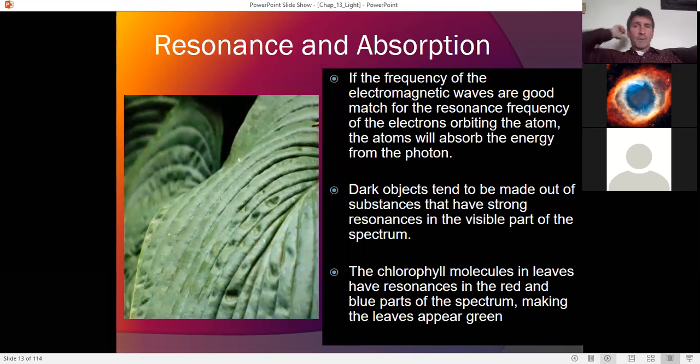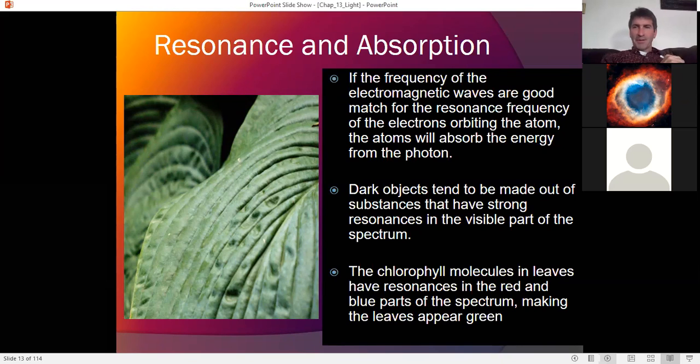So if the frequency of the electromagnetic waves is a good match, they will absorb the light. So for instance, photosynthesis. Photosynthesis happened originally in the ocean, where mainly blue light would make it to the layers where the cyanobacteria were.